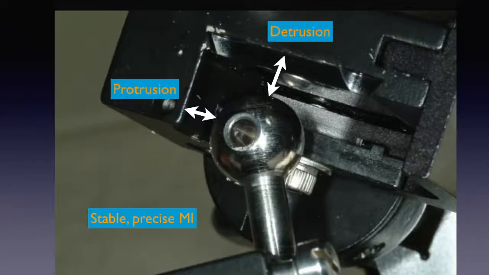Place the casts in maximum intercuspation and then see where the ball is. This gives you a reasonable estimate of how much detrusion and protrusion are present in the MI position. In other words, you will see how much retrusion and how much surtrusion will have to be accomplished during the equilibration.